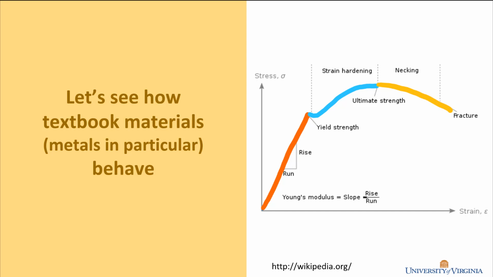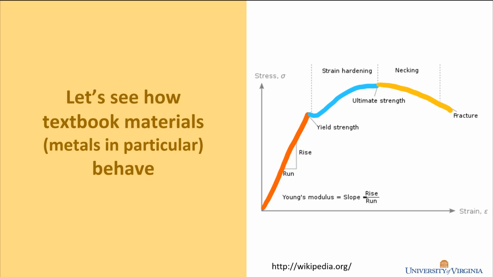And that change in stress per unit of strain is just the slope of that linear region. And it's called, as you can see here, Young's modulus, or sometimes elastic modulus is used for that. And you can go look up elastic modulus in tables, in books, or on the internet.